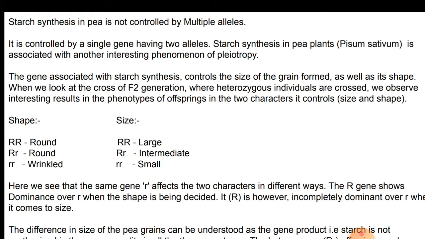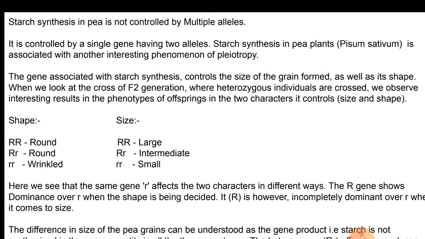Although the pattern is somewhat like multiple allelism, it is not controlled by multiple alleles. It is controlled by a single gene having two alleles. So, starch synthesis in the pea plant is associated with the phenomenon of pleiotropy, and incomplete dominance also.